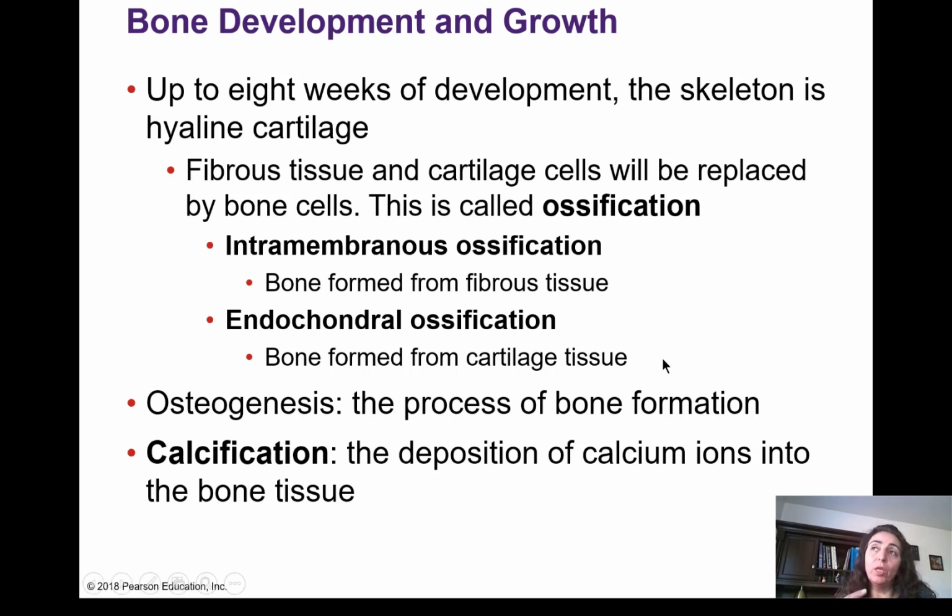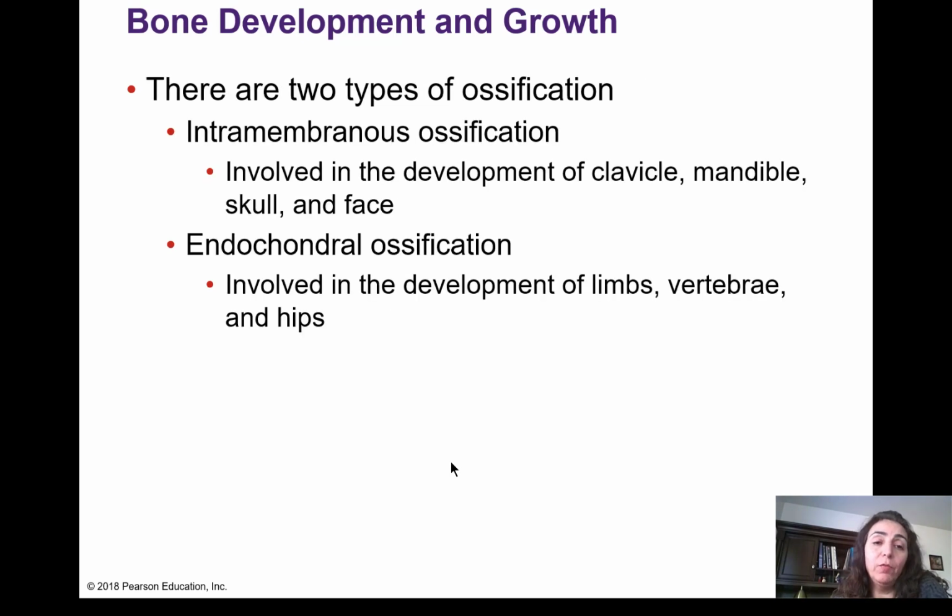Ossification means that one structure changes from a cartilage to a bone, right? And calcification means that calcium ions are deposited into the bone tissue and make it solid, right? So these are just tiny differences between these terms. Pay attention to the key points that differentiate them from each other.